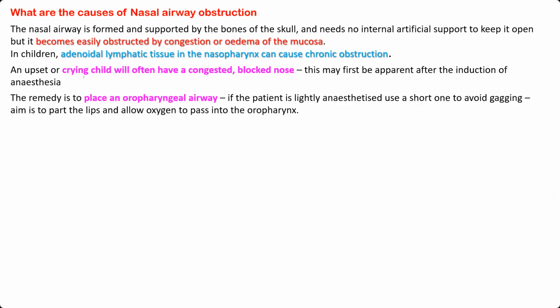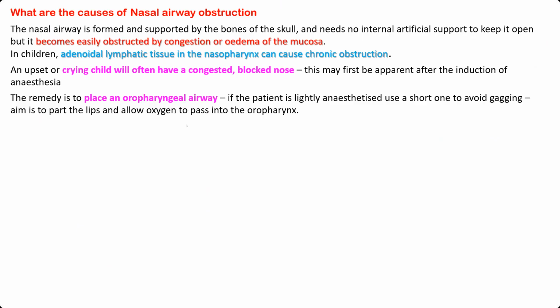So whenever you take a baby inside the OT crying very vehemently in the pre-anesthetic room, always keep an oropharyngeal airway ready, so that once you induce the child and the patient loses consciousness, there will be total obstruction of the nasal passage. Unless you put in an oropharyngeal airway, you will not be able to ventilate the child.